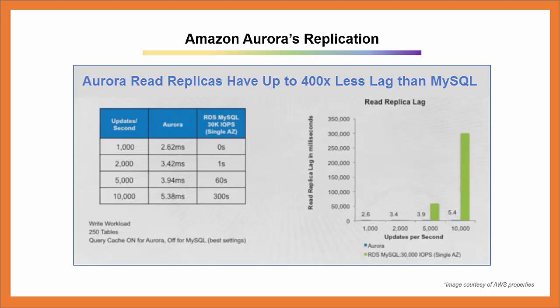Although the database cluster volume is made up of multiple copies of the data for the database cluster, the data in the cluster volume is represented as a single logical volume to the primary instance and to Aurora replicas in the database cluster. As a result, all Aurora replicas return the same data for query results with minimal replica lag, usually much less than 100 milliseconds after the primary instance has written an update.